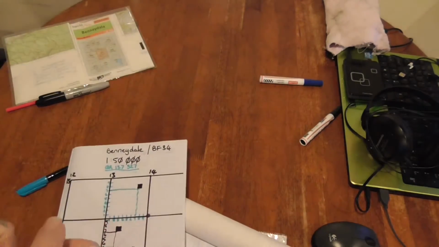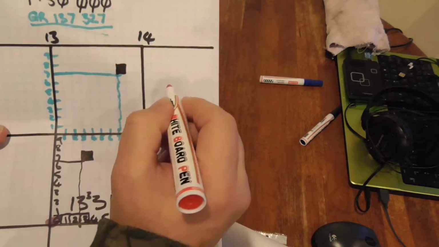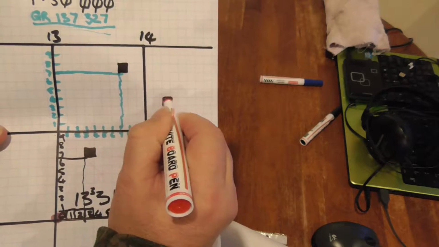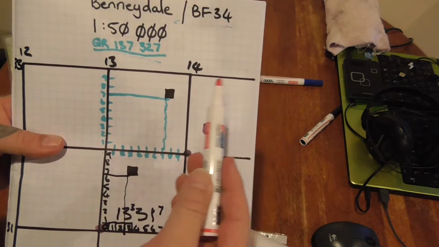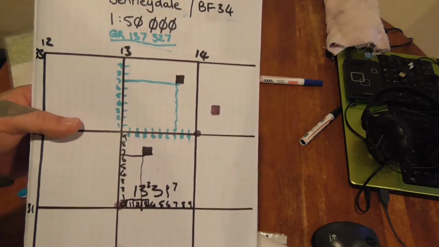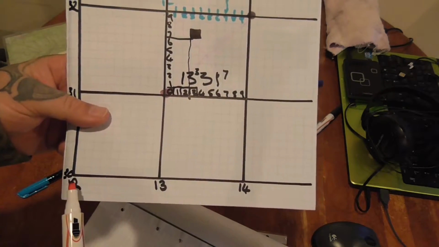Let's say, for example, let's do one over here. Okay, so it's obviously within a grid square. So this one here is going to be a 6-figure grid reference. Let's do that now. So the first thing we do is our eastings.